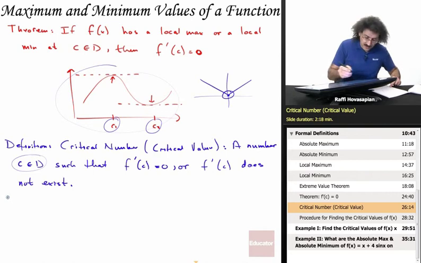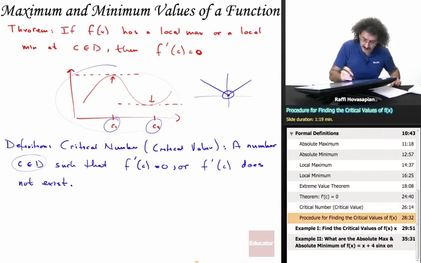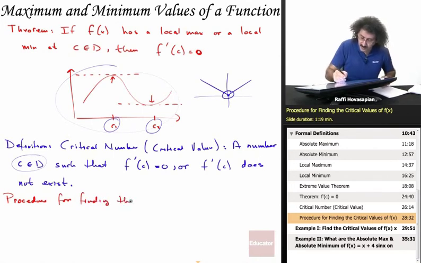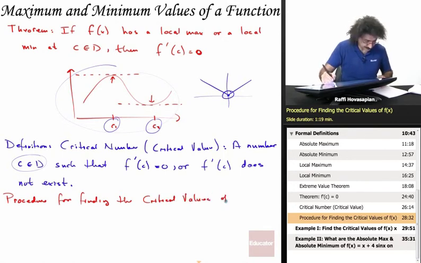Okay, so the procedure. Let's actually write this a little bit better, and let's do it in red. So the procedure for finding the critical values of a function f of x is very, very simple.